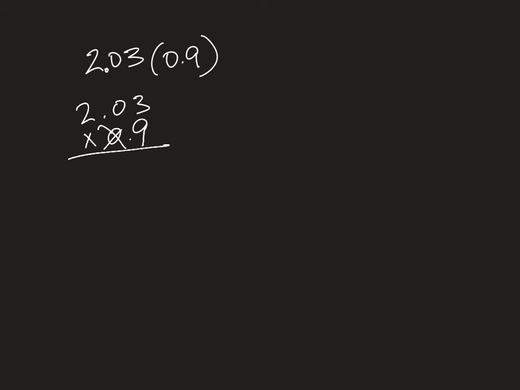So 9 times 3 is 27. Oops, that's not where the 2 goes. 7 goes there. 9 times 0 is 0, plus 2. 2 times 9 is 18, and there were a total of 1, 2, 3 decimal places. So I move my decimal 1, 2, 3 places to the left, and so my answer is 1 and 827 thousandths.